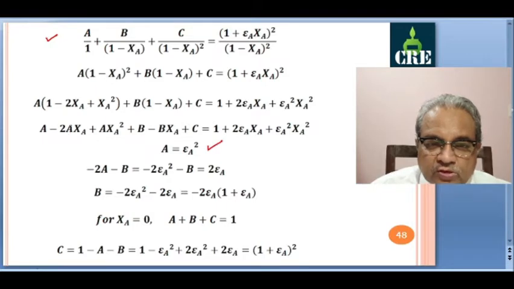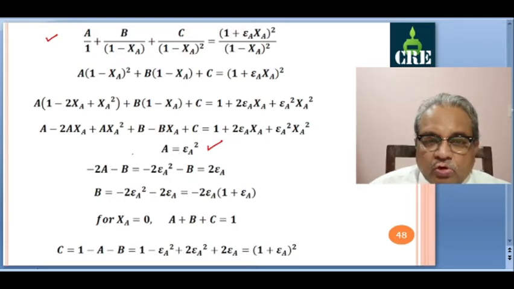The coefficients of XA are minus 2A minus B, and on this side we have 2 epsilon A. So substituting A, minus 2 epsilon A squared minus B, and the right hand side coefficient is 2 epsilon A. So B can be written as minus 2 epsilon A squared minus 2 epsilon A, that is, minus 2 epsilon A taken outside into (1 plus epsilon A) in the bracket. So this is the value of constant B.